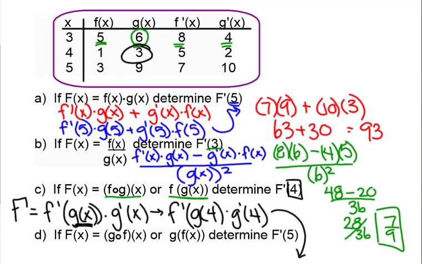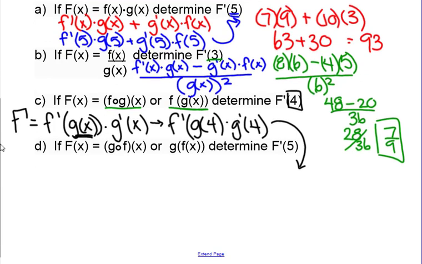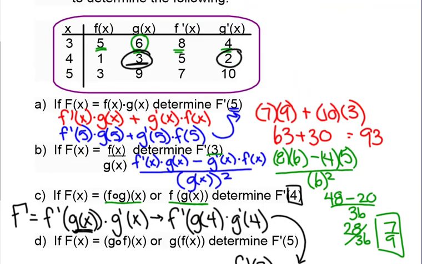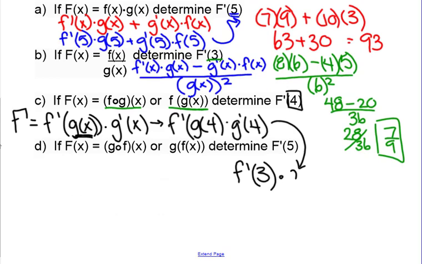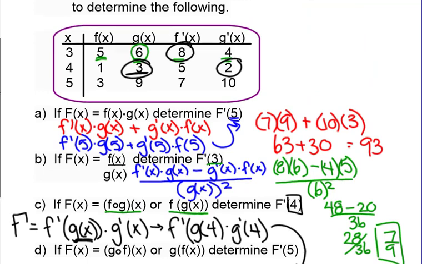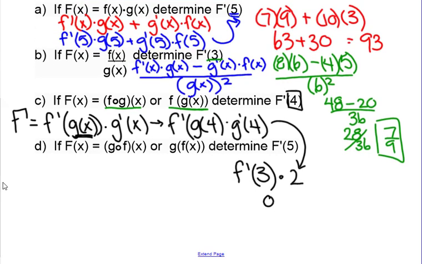So g of 4 is 3. So now we're going to have f prime of 3 times our g prime of 4. Well, g prime of 4 is 2. And so now to finish this off, we need to figure out where f prime of 3 is. Well, f prime of 3 is 8. So 8 times 2 is going to be 16. So that's what our f prime of 4 is equal to, is 16.